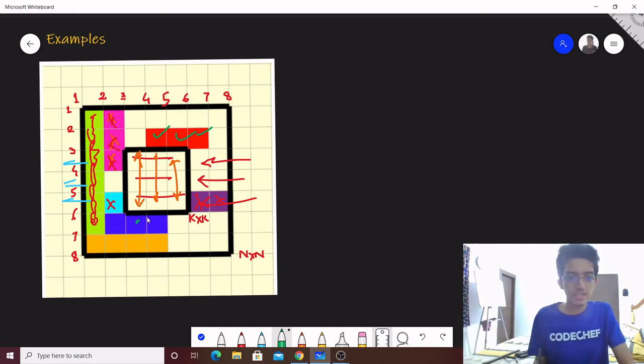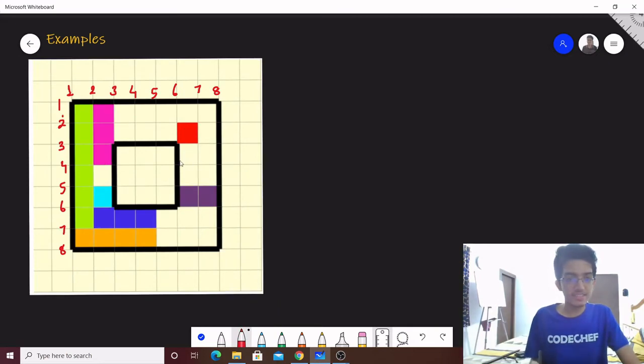So let's say we kept the blue snake and removed the yellow snake. So the total number of snakes that we need is this one green snake, this one blue snake, and this one red snake. So the total number of snakes is 3. This was for the first example. Now let's move on to the second example.